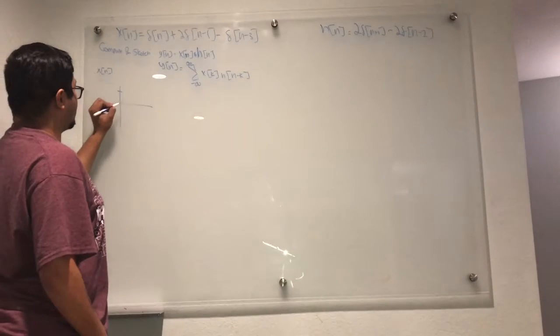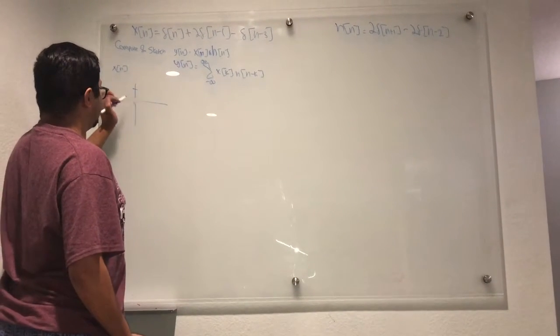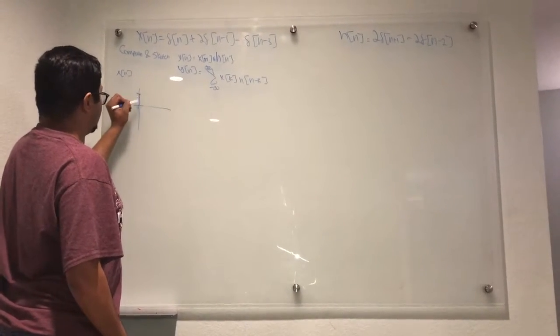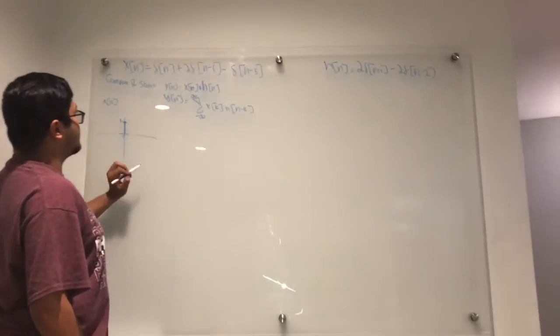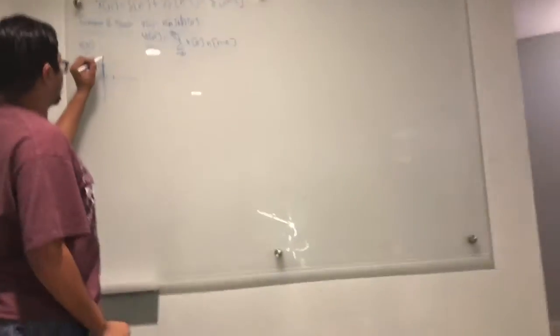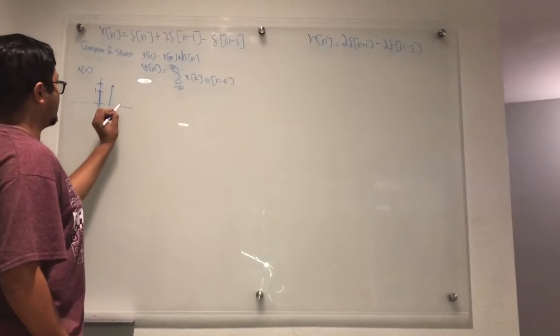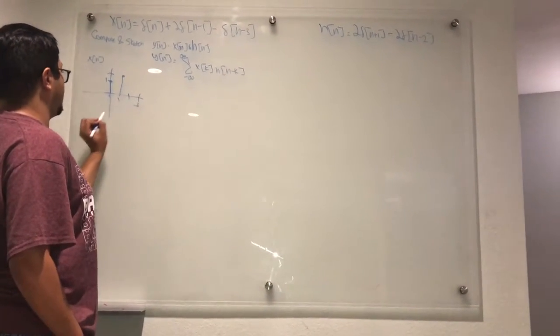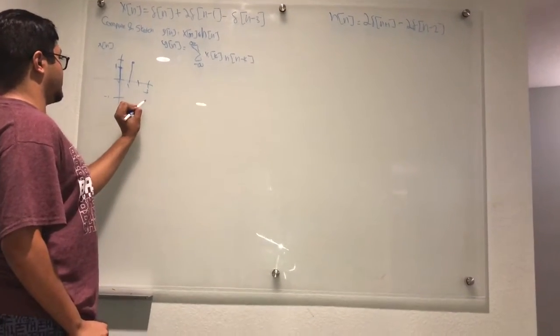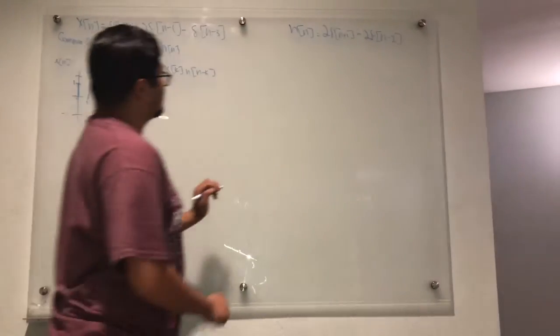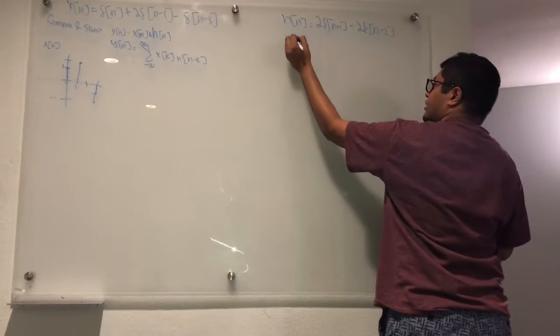At 0, the magnitude is 1. At 1, the magnitude is 2. And at 3, the magnitude is negative 1. Let's now plot h of n.